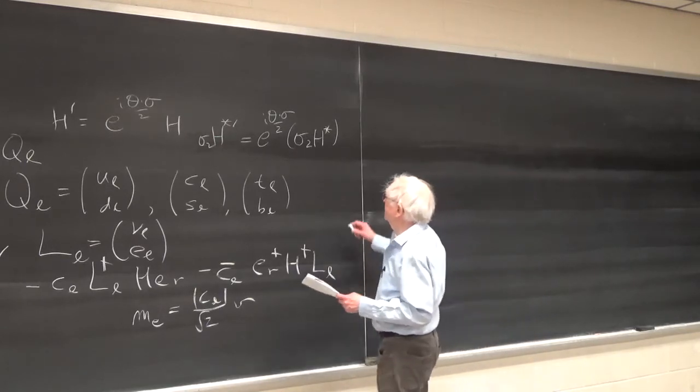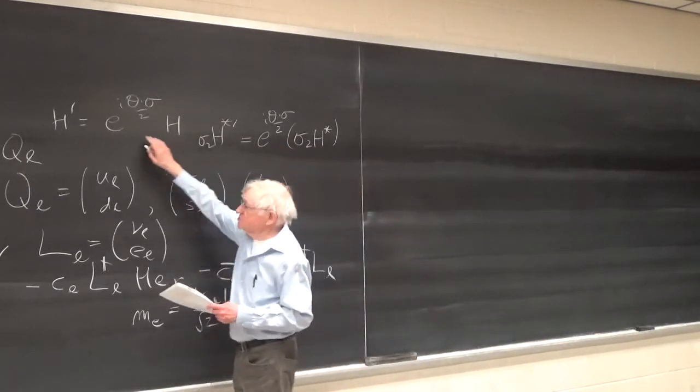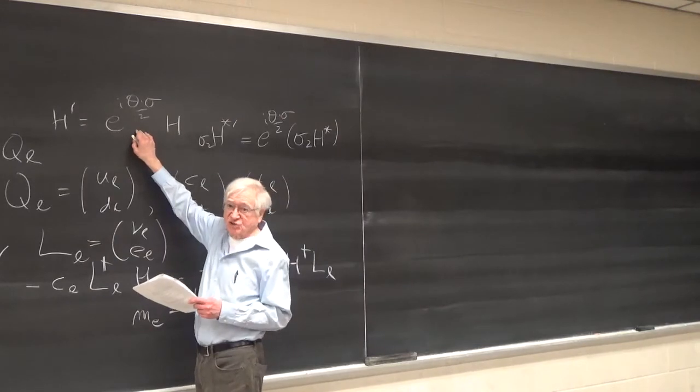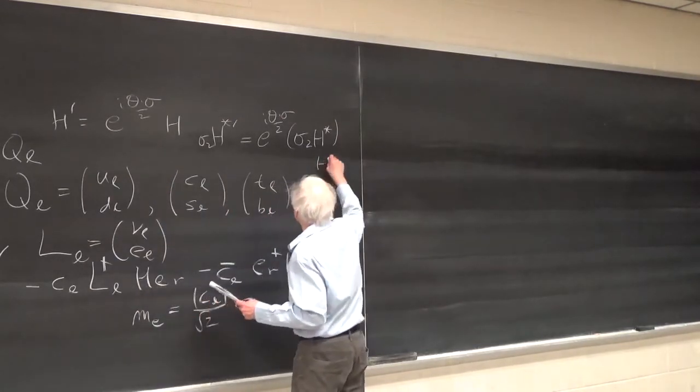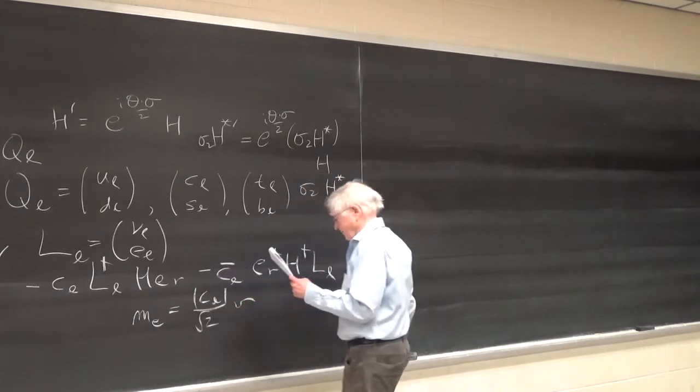So the deal is that sigma 2 H star transforms just like H. So we have two doublets, H and sigma 2 H star.